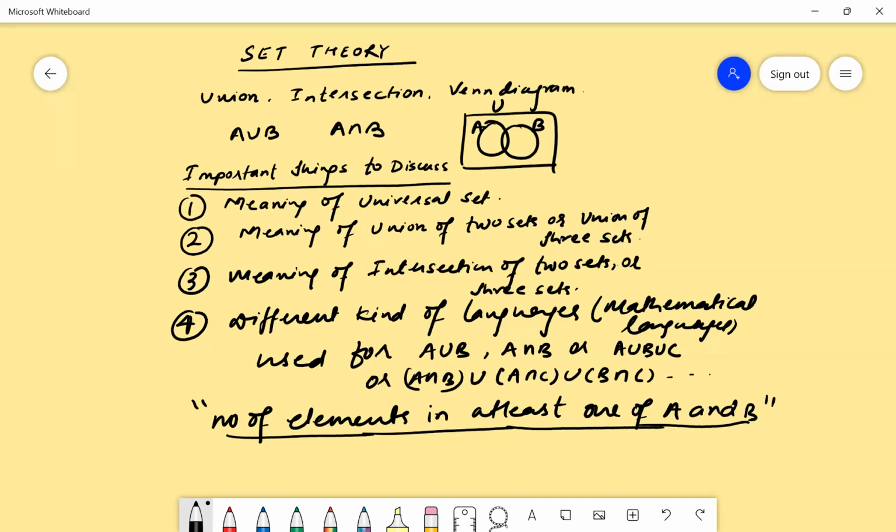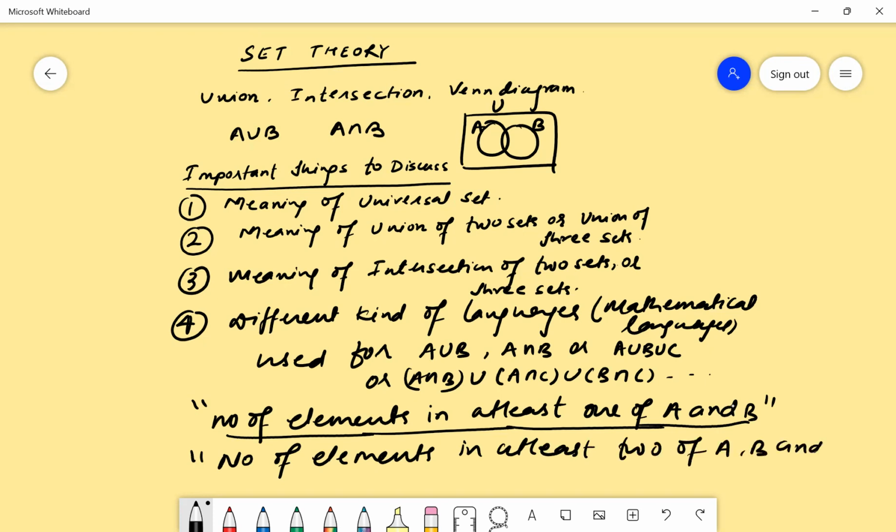So one more statement, let me write. Number of elements in at least two of A, B, and C. This is another language which must be correlated to set theory.